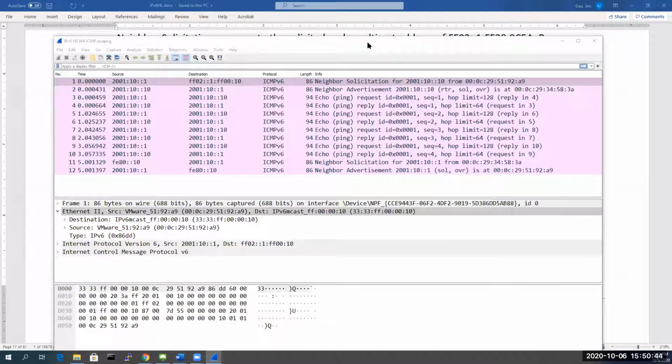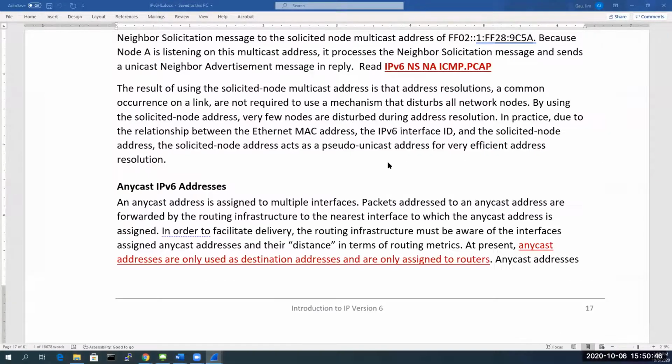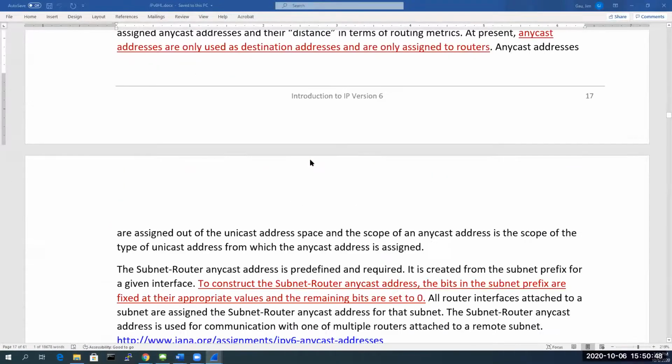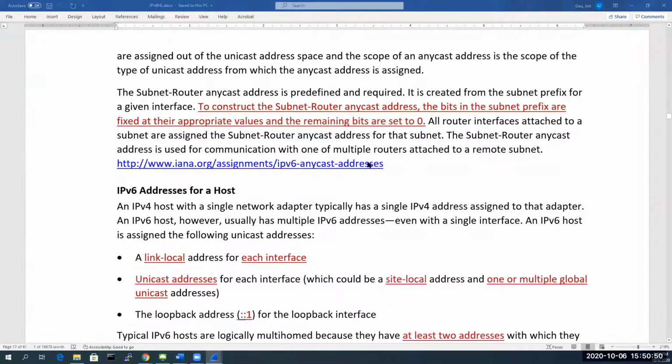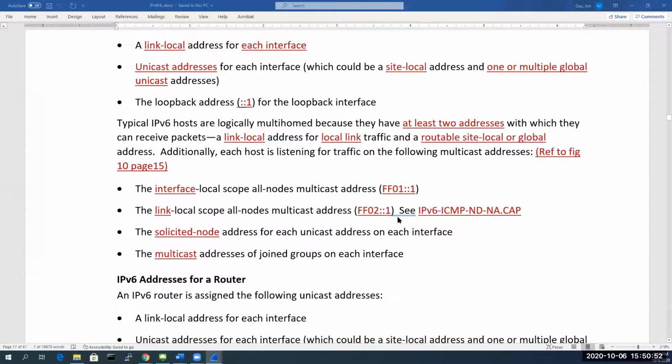All right, let's move this to the side. So we just talked about the link local scope, all-node. This is FF02::1.